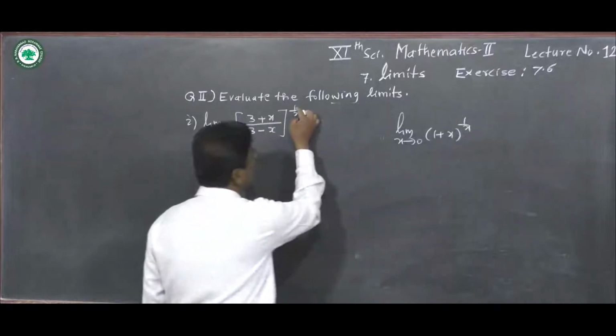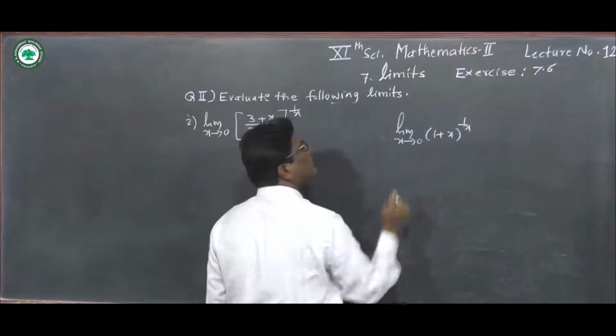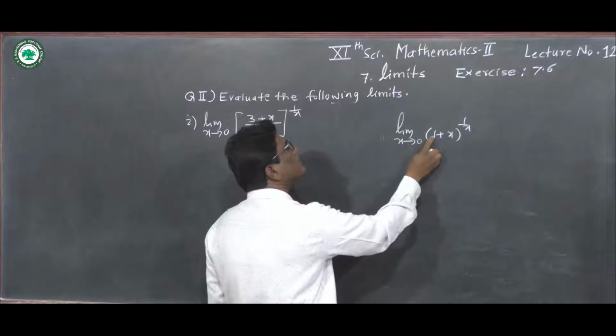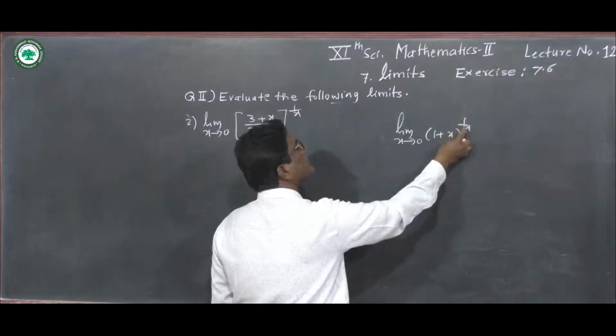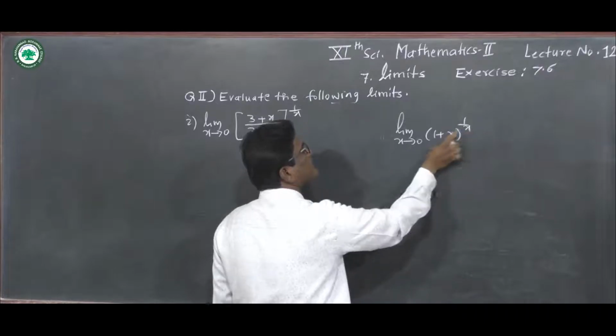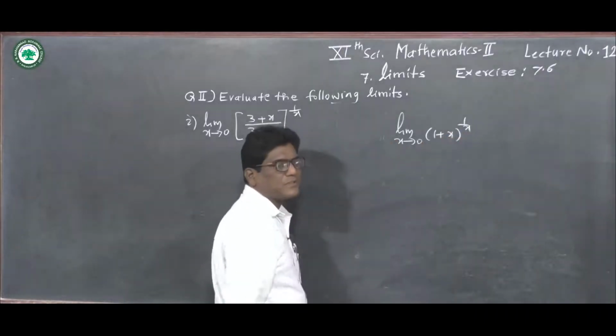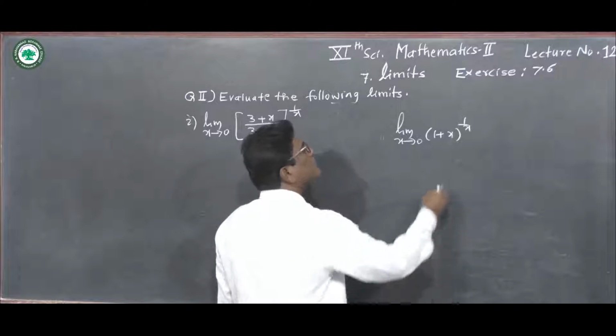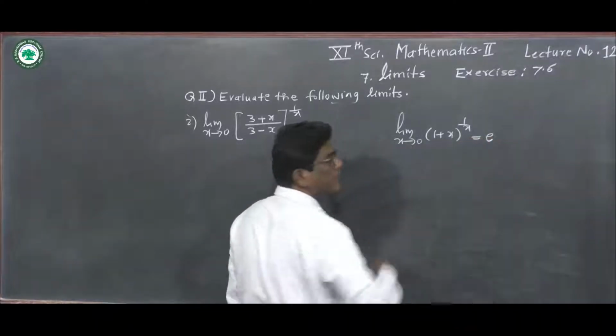When there is a power 1 upon x, then always use this formula. Here x upon 1, its reciprocal is 1 upon x, and this x should tend to 0. Then the value is e.